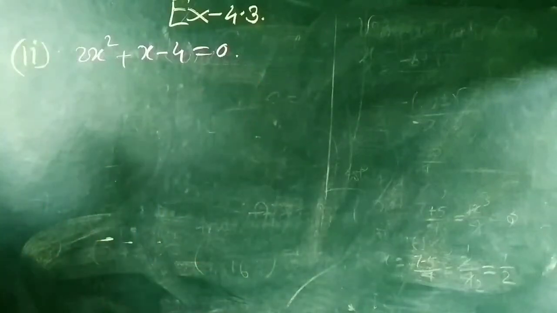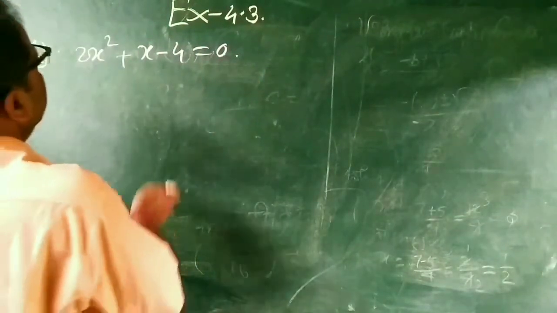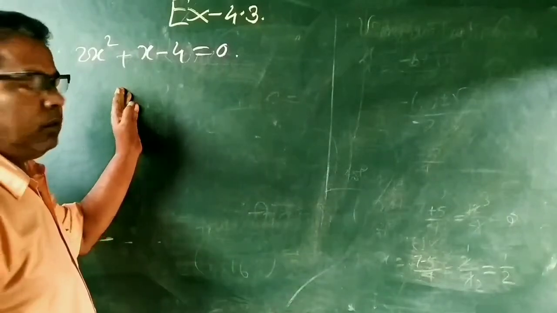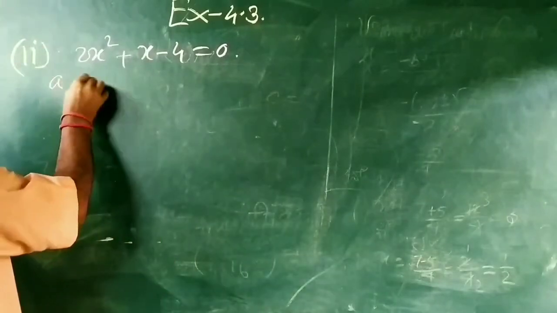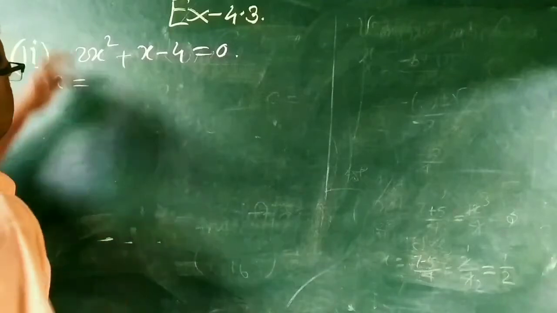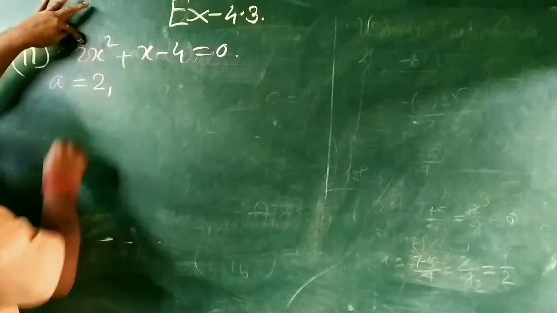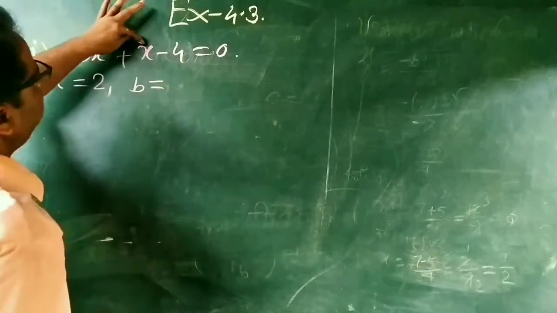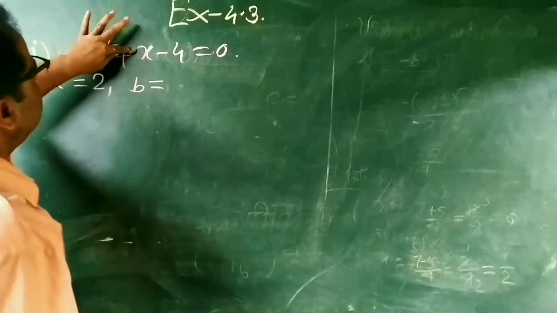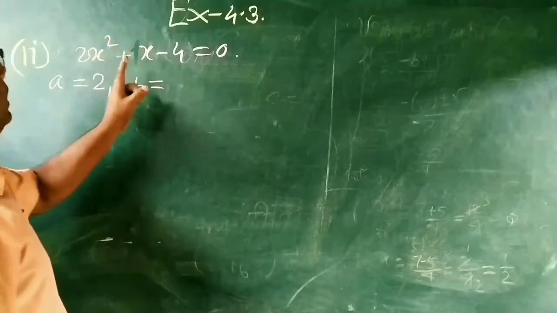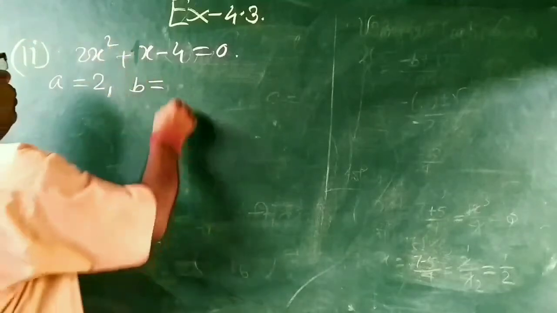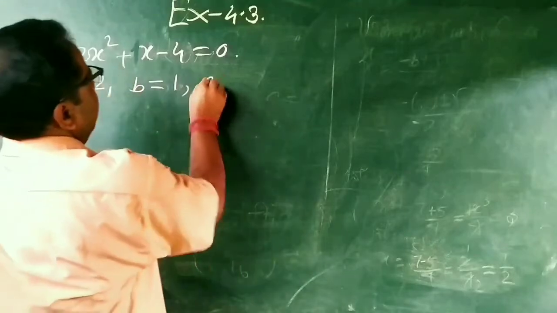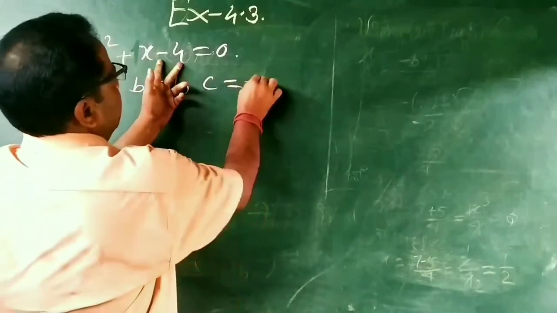So here also we will find the roots of the given equation using the quadratic formula. Now here it is very clear, the value for a is 2 and the value for b, which is given before x, if nothing is there, then we have to understand that the coefficient of x is 1 along with the sign. The value for c is minus 4.